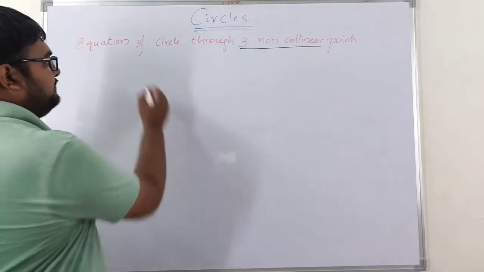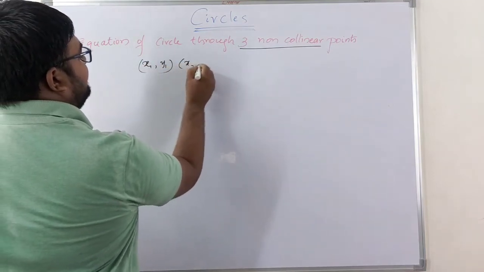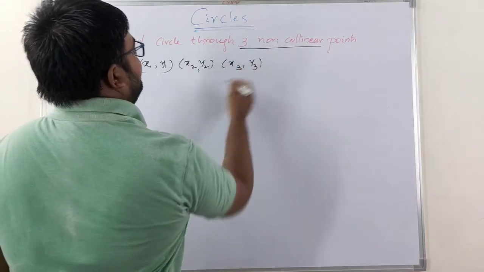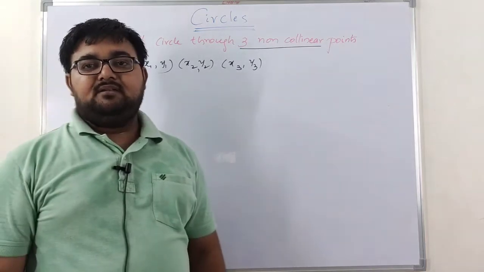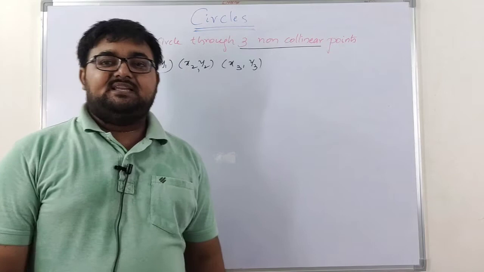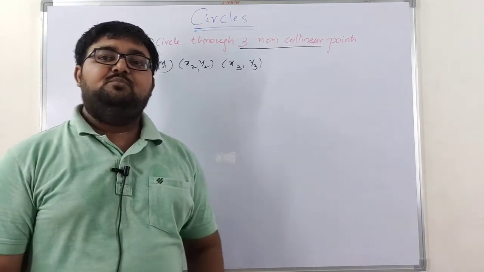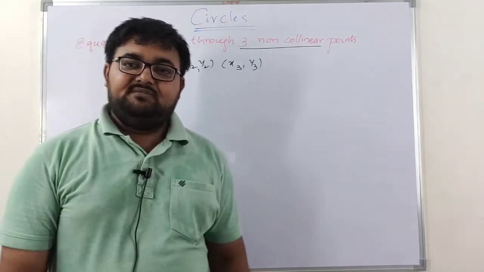Now let us take 3 points (x1, y1), (x2, y2) and (x3, y3). Let these 3 points be the given non-collinear points. If you want to find the equation of the circle, there is one short form by using which you can find it.